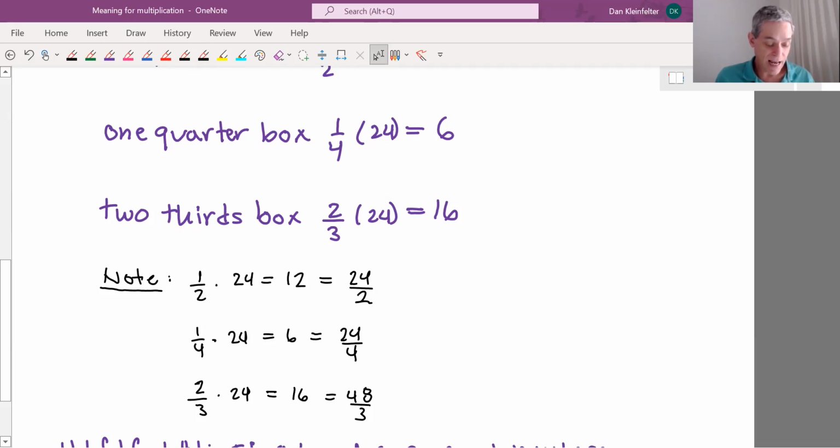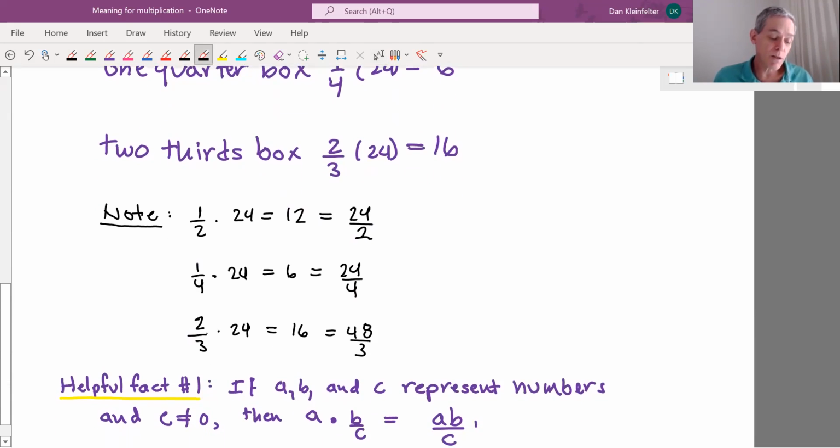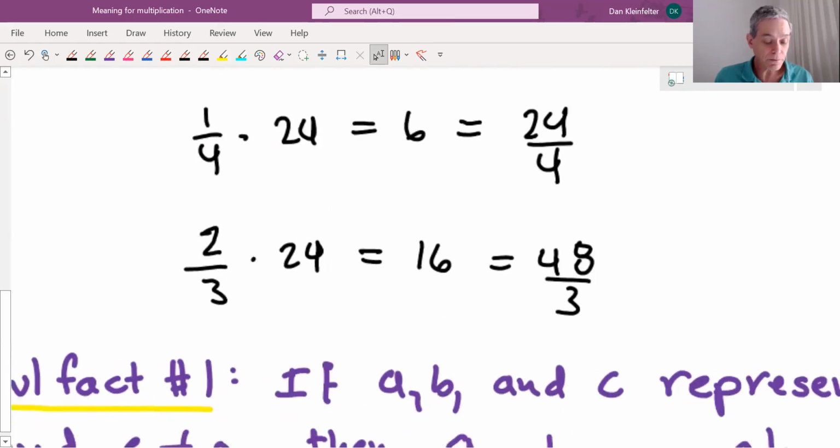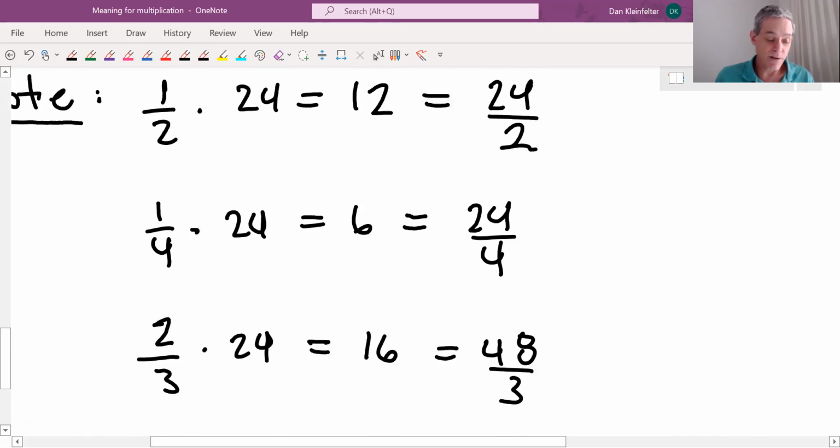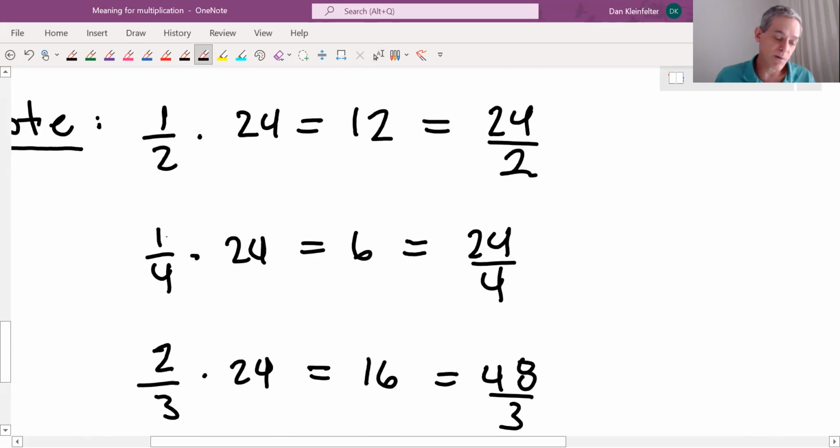So what I'm getting at here is, if we multiply the numerator of the fraction by the whole number, like in this last one, 2/3 times 24, 2 times 24 is 48, and then put all of that over the 3, you'll get 48/3. The other 2 are less fun because the numerators are 1, but that's okay. 1 times 24 is 24. That goes on top, and then the 4 goes on the bottom.